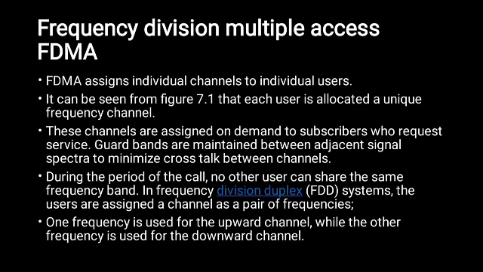And similarly for code division multiple access, users are separated by different codes, and they utilize the entire bandwidth for the entire time with different codes. If they use different timings for transmission and reception, then that is CDMA TDD, and if they use different frequencies for transmission and reception, then that is CDMA FDD.